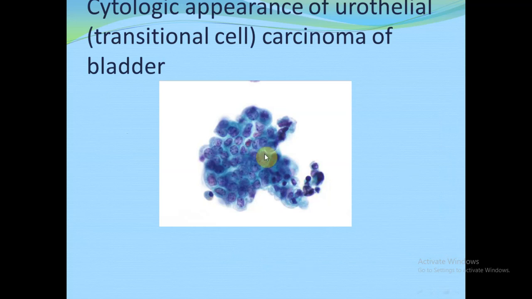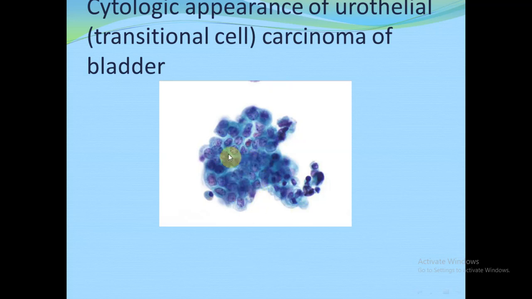An important diagnostic procedure for transitional cell carcinoma of the urinary bladder, or urothelial carcinoma, is urine cytology. Urine is collected for cytological examination and then stained by H&E or Pap stain.